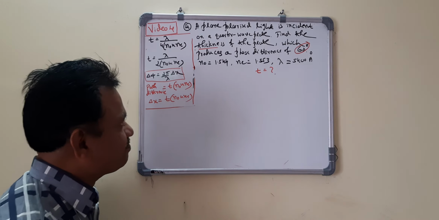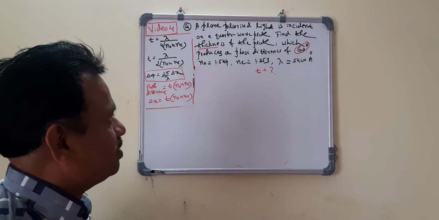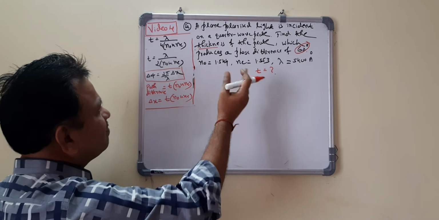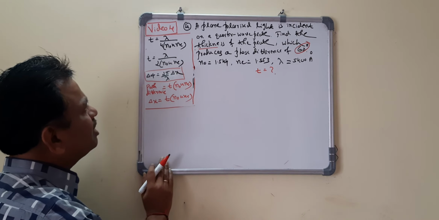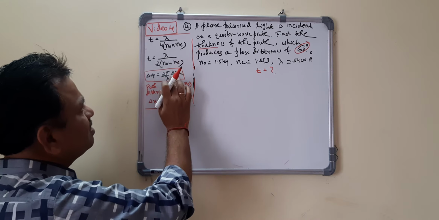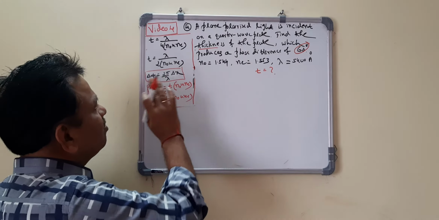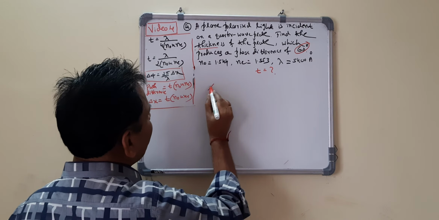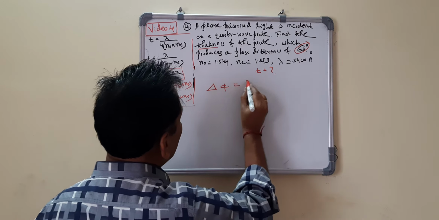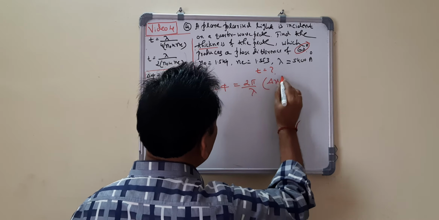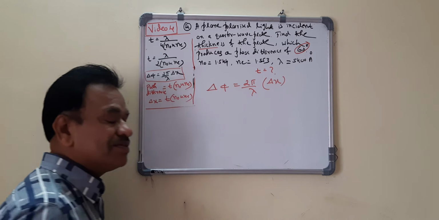Okay, fine. How to do this problem? Here, phase difference and path difference should immediately come to our mind. This equation you have to use here. Here, delta phi equal to 2 pi by lambda into delta x. What is delta x?